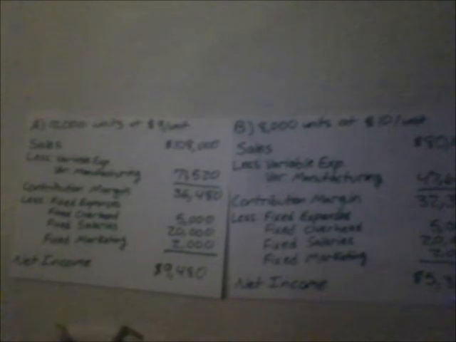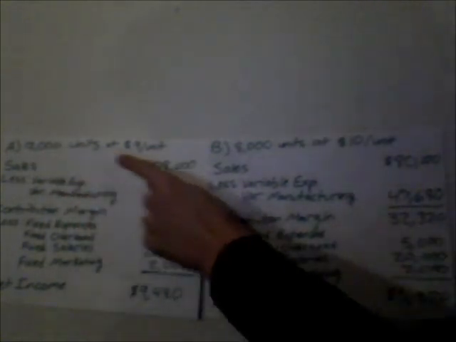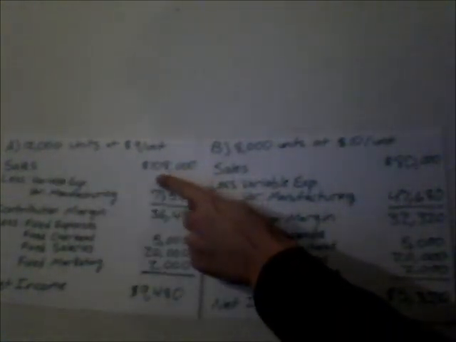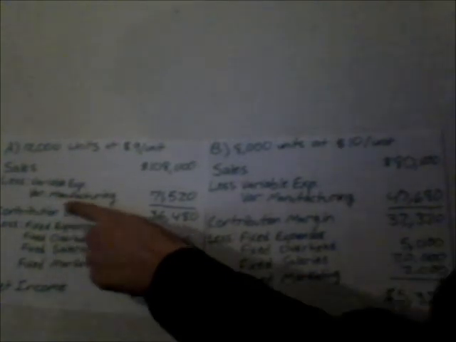Now, if we take a look at the contribution format income statements that I prepared, sorry for the messy handwriting, we have on this side the 12,000 units sold at $9 per unit, which results in total sales of $108,000, minus the variable expenses, which include just the variable manufacturing costs, which is $5.96 per shirt.